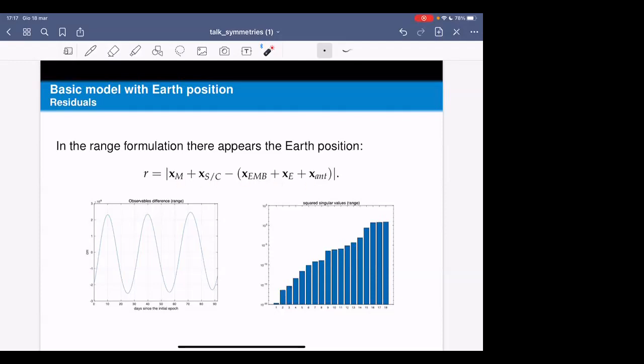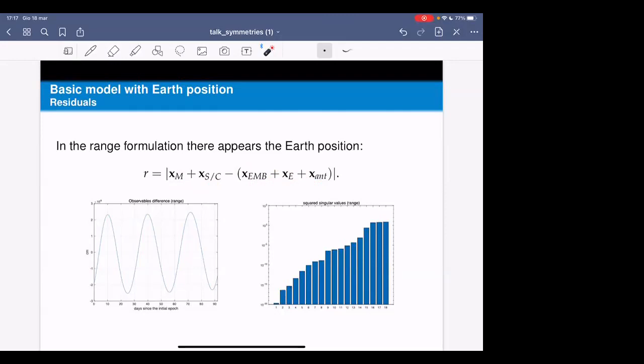So by calculating this range, here we have the position of Mercury, the position of the spacecraft, which are all vectors that we want to determine, and the Earth-Moon barycenter. But apart from the antenna, we also have this position of the Earth here. And this is something that we, again, do not determine, but take for granted from the JPL ephemeris.